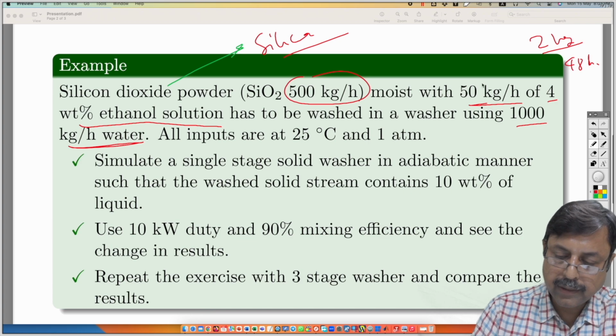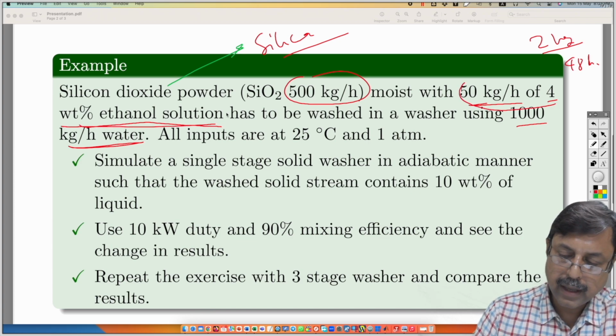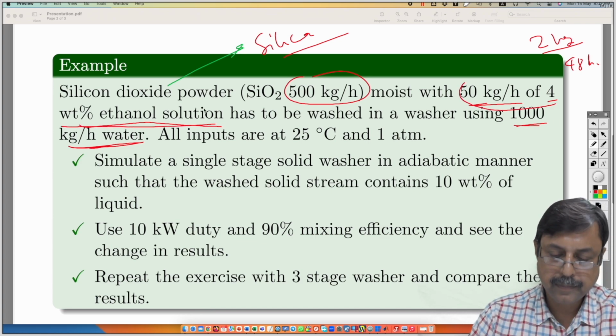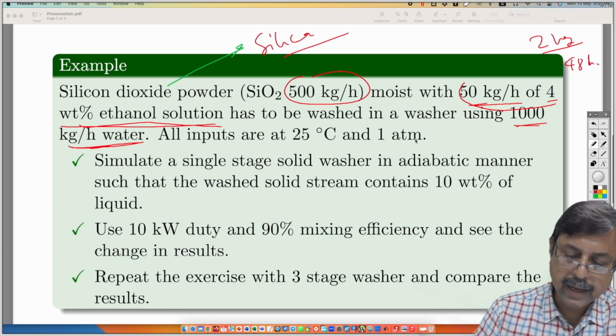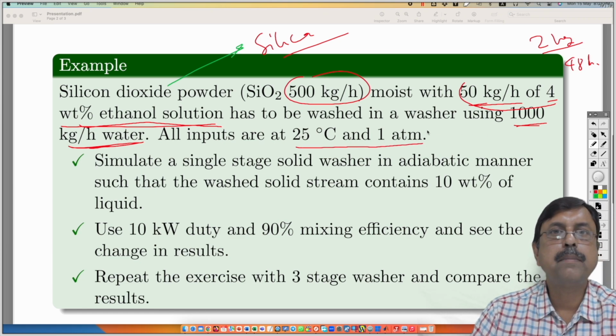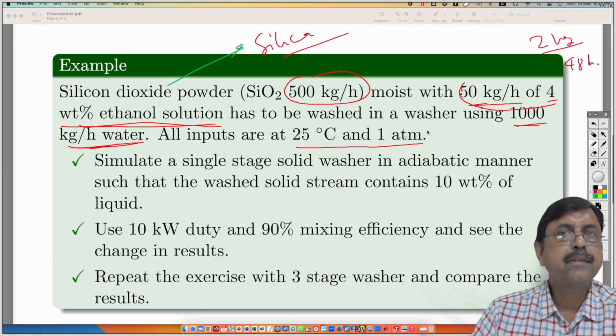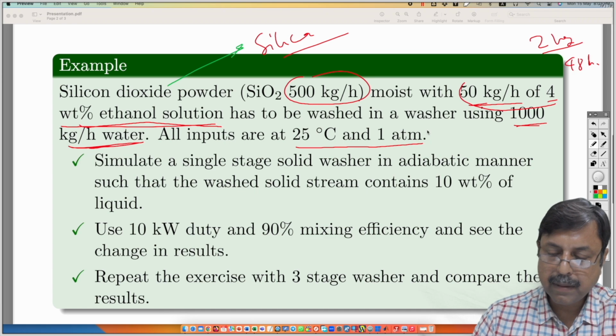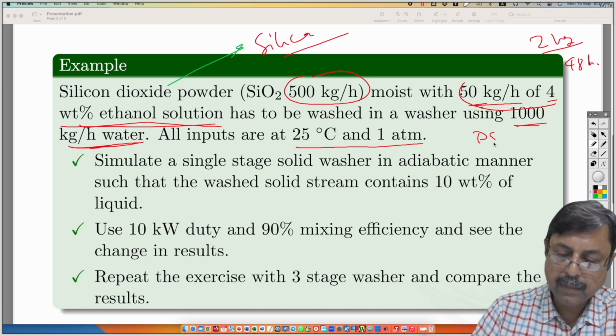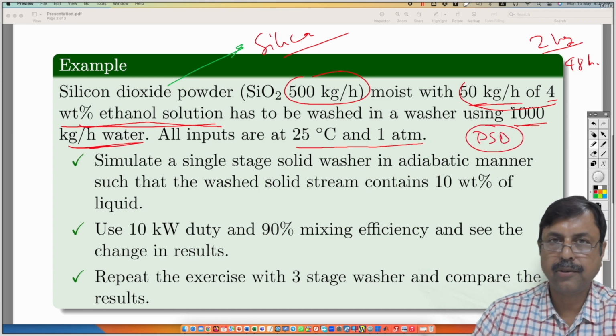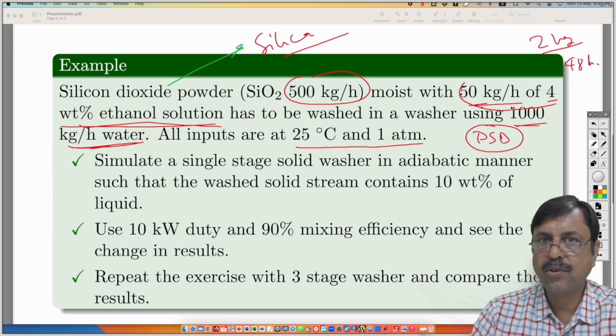Okay, so this is the entrained liquid and this is the washing liquid. All inputs are at 25 degrees centigrade and 1 atmosphere pressure. So input conditions are given, and remember we have not talked about any PSD. So particle size distribution is not a criteria over here and it has not been mentioned. So we have to choose the stream class accordingly.